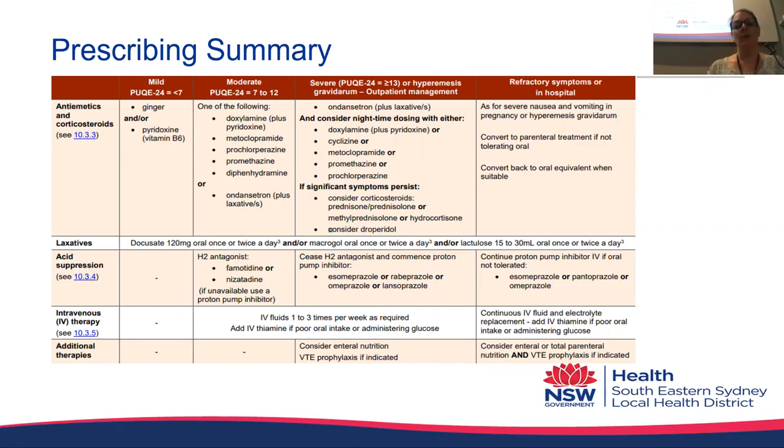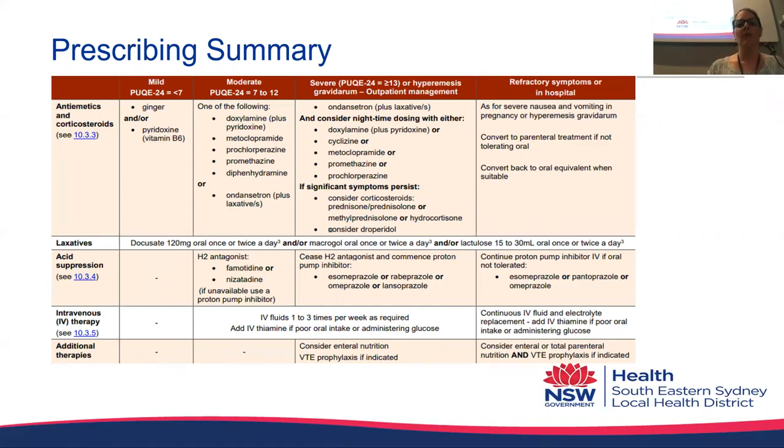I would just note that metoclopramide, 10 milligrams, could be given, but due to the risk of extrapyramidal effects, it should be used as a second-line therapy. It should only be prescribed for short-term use and for a maximum duration of 5 days. It's also important to recommend acid suppression and laxatives for treatment. The other option is ondansetron, 4 to 8 milligrams. This is best for daytime use to minimize sedating antiemetics.